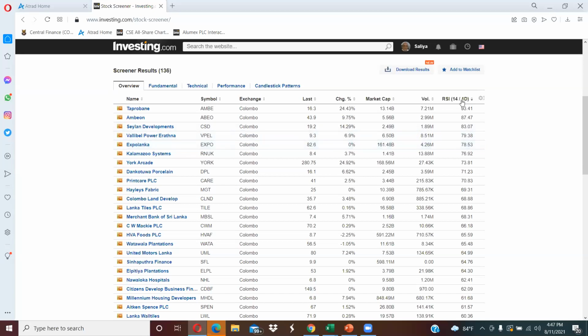Remember, this is 1 day, right? The RSI 14 for 1 day period. We will be using the 5-minute chart, right? So first we screen based on the 1 day period values, and then we will be picking up, as I mentioned, 3 to 5.